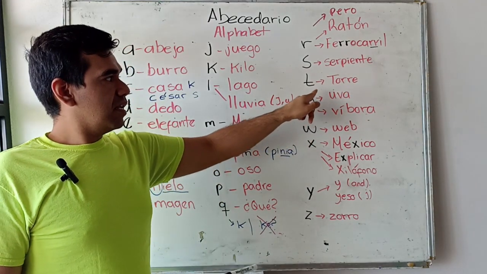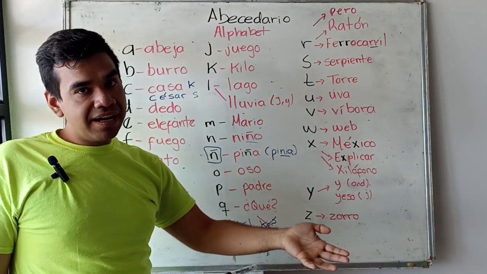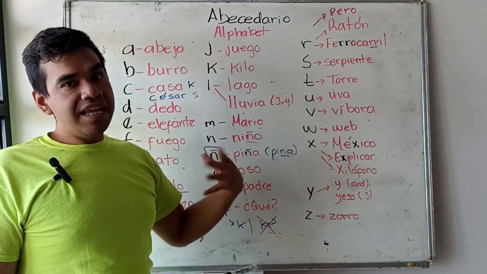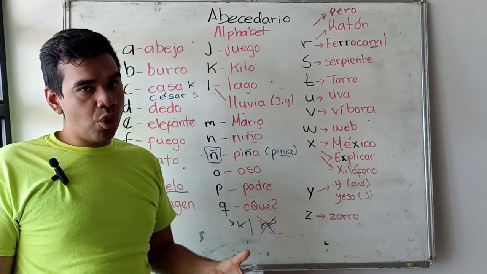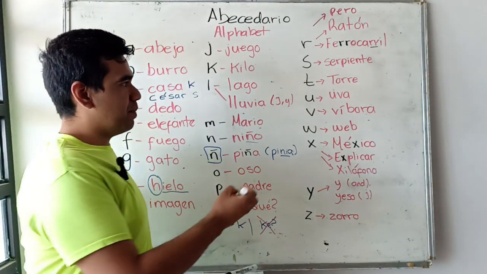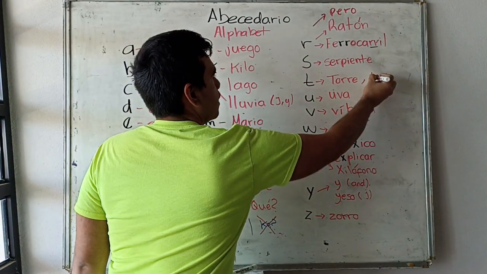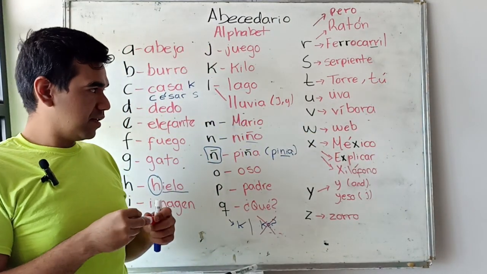Okay? With the letter A, la letra A, it's going to say like ta. Con la letra I, ti. Con la letra O, to. Y con la letra U, tu. Like in you, in Spanish, tú. Okay?